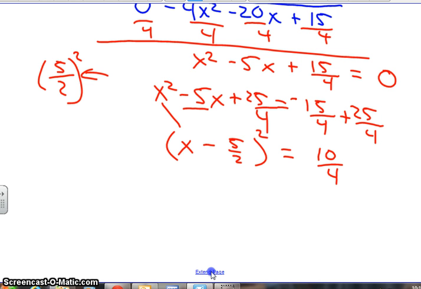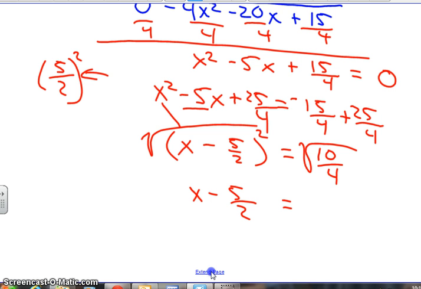So the next step is to do what? Take the square root. Okay, so we have x minus 5 over 2 equals you could leave this as the square root of 10 over what? 2.